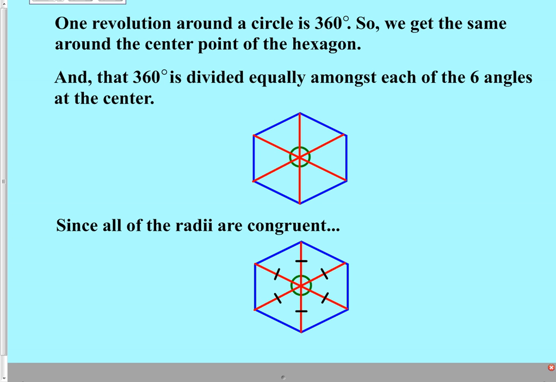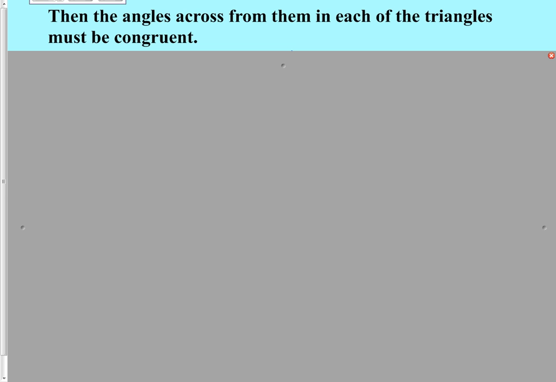So each of those central angles marked at the center of the screen are all 60-degree angles. Now, at the bottom of the screen, as you can see, the radii inside of the regular hexagon, from the center point out to each of the vertices, are going to be congruent. So all 6 of the radii are congruent, so they are given 1 tick mark each.